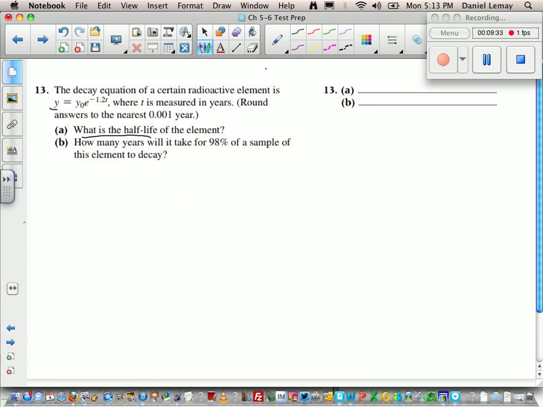Okay, you have to evaluate it. I'm going to substitute one for t, and you'll see. So this one, they're telling me this is a decay equation. I know what we're looking for is the half-life of this element. Well, this we can solve.